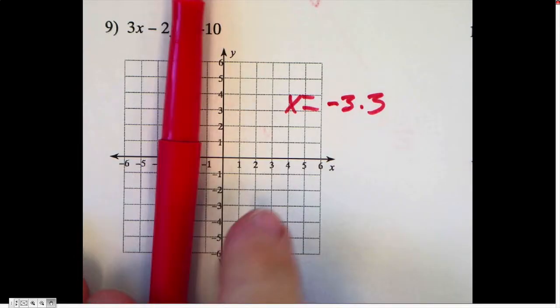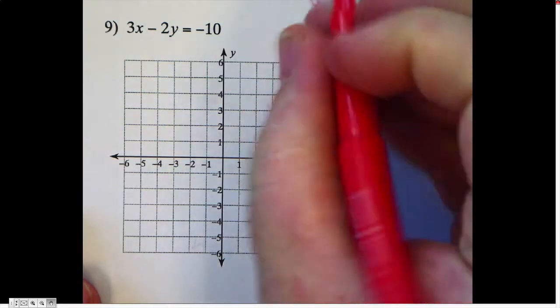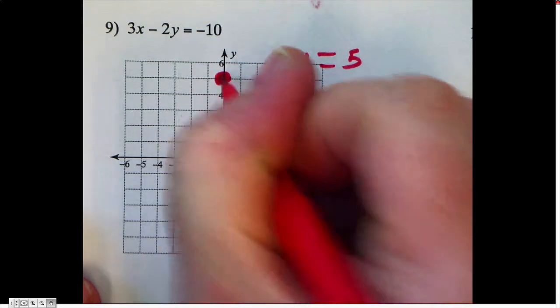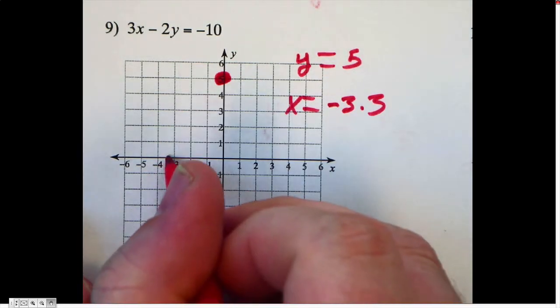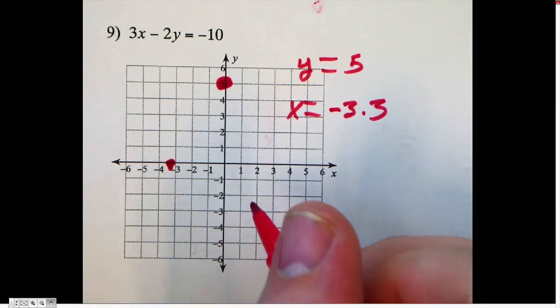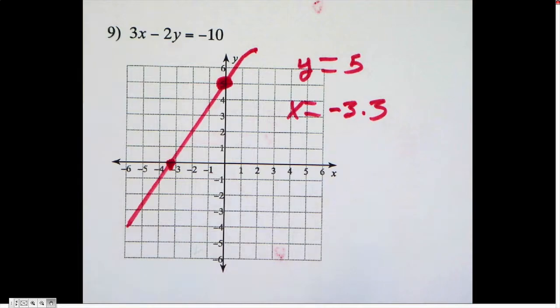And our y, negative 10 divided by negative 2 is 5. So y is 5, x is negative 3.3. And we have our line.